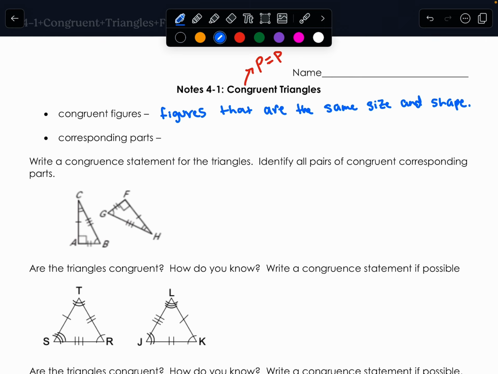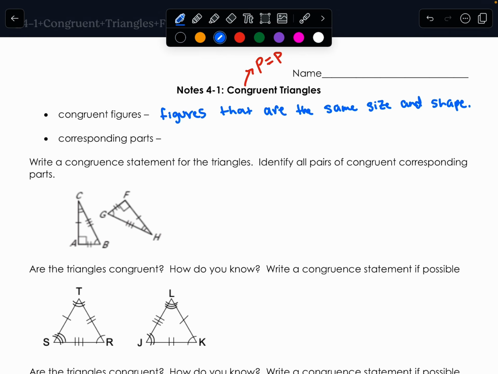And corresponding parts, remember when we talked about corresponding angles? I told you to think about cars. Driver's seat goes with driver's seat, passenger seat goes with passenger seat. Well, with congruent triangles, think of it the same way. This angle goes with this angle.